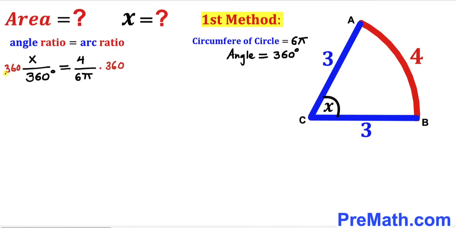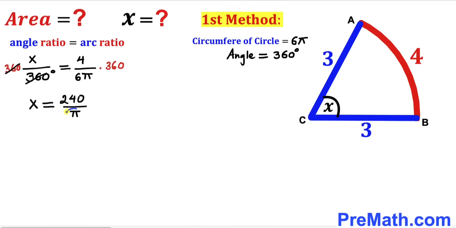The 360 and 360 are gone. So x is equal to, when we simplify, 240 divided by pi.